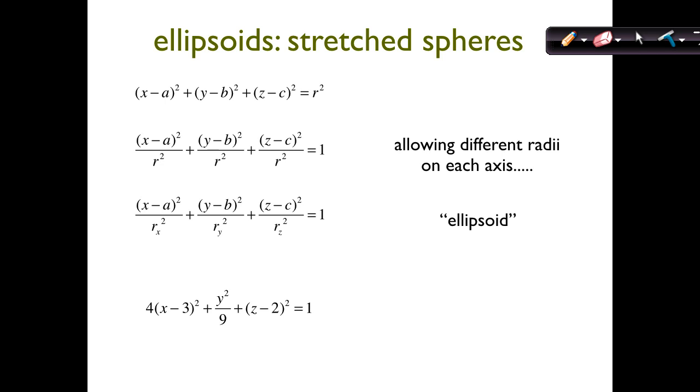So let's just figure out what this ellipsoid is like, and we'll be done, okay? I want to get this equation to look like this one. It's not that hard. So if I'm multiplying by 4, that's the same as dividing by what squared?